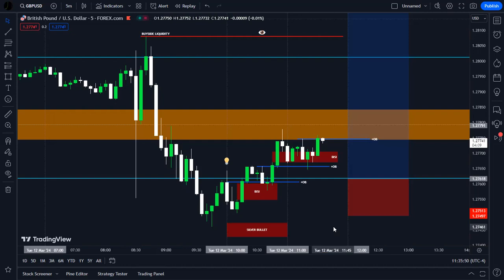It should actually rip through here, through this inversion. Then you can start reaching for these premium fair value gaps. But precisely I'm interested in this buy side liquidity which was created during the CPI release, up here.